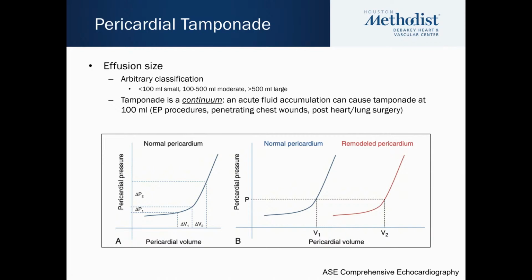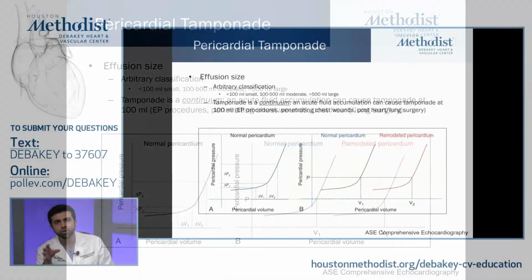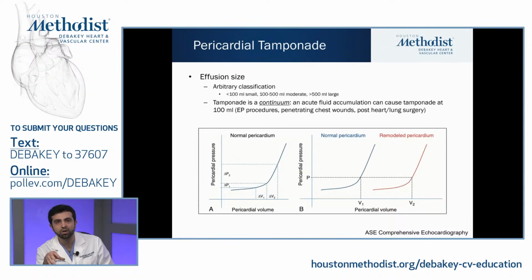One thing that's pretty important to remember for large effusions, and as we get into pericardial tamponade, is that the pericardium can be a dynamic structure. If you create a pericardial effusion in an acute manner, for example, a chest wound, an EP procedure with a limited perforation of a cardiac structure, or after heart surgery, you can accumulate a relatively small amount of fluid very rapidly, and that can lead to tamponade.